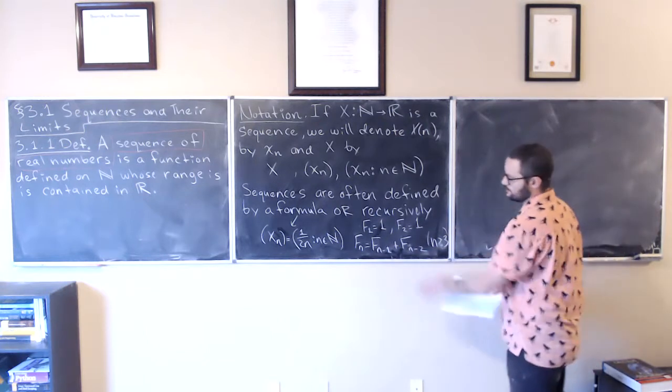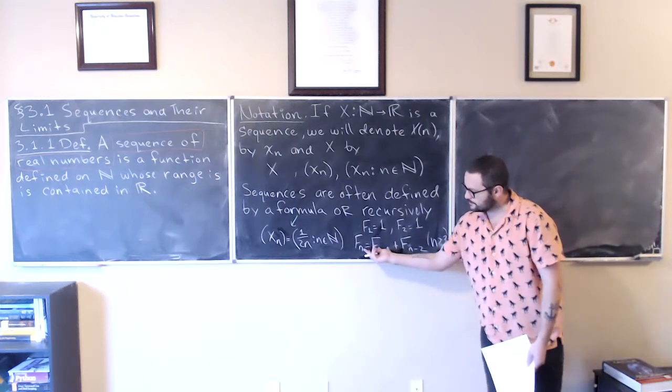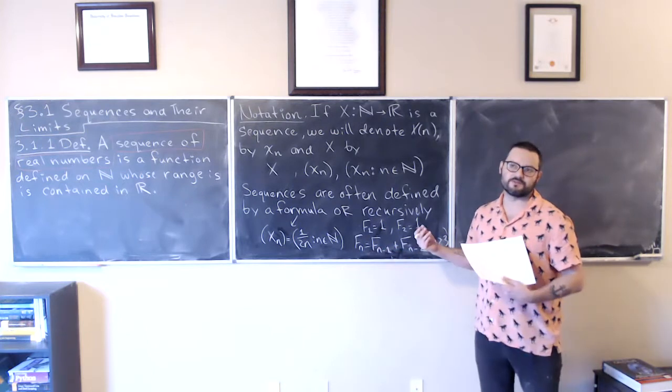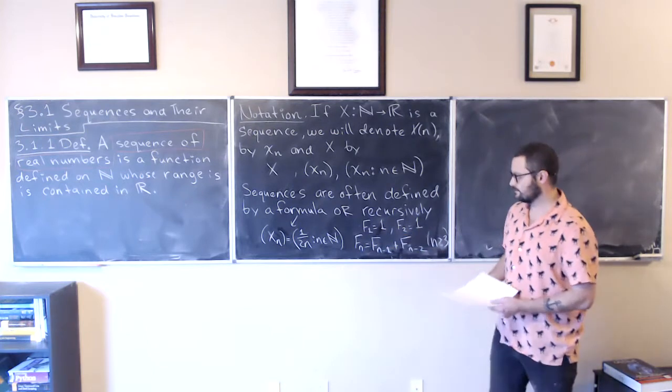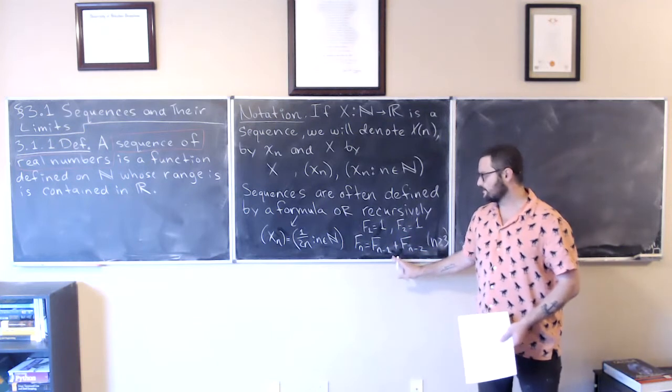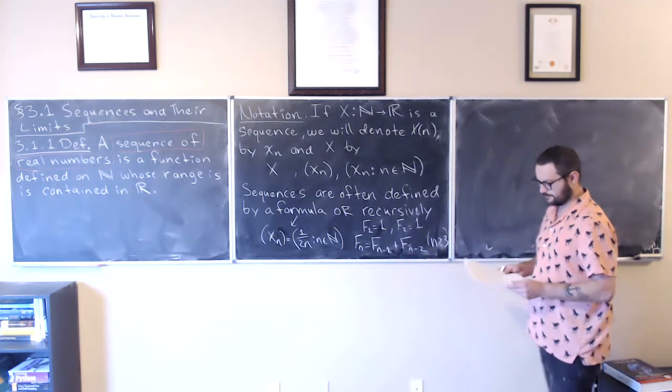This is a recursive definition, where new terms in the sequence are defined in terms of one or more of the previous terms. Hopefully all of you have seen the Fibonacci sequence before.